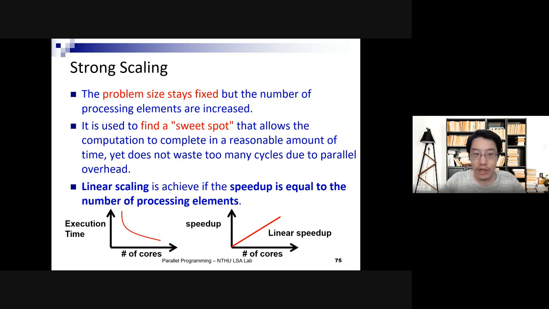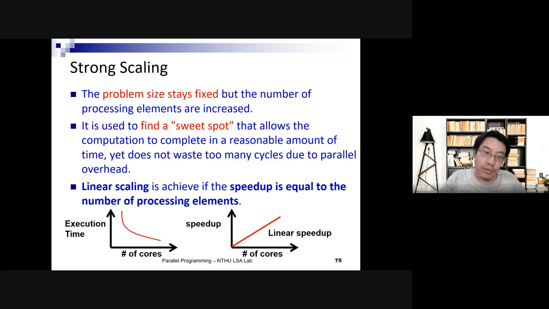A program could have a very good weak scaling result but a very bad strong scaling result at the same time. However, of course, people do not invent weak scaling just to have a better number to show. That doesn't have any meaning.